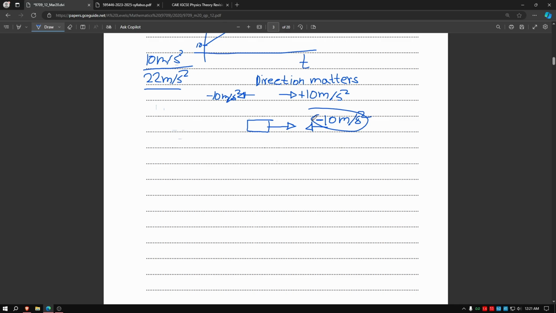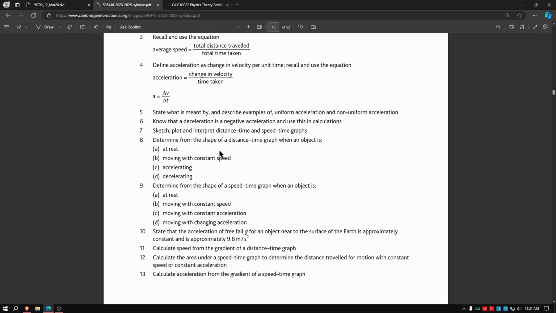Remember that anytime, anywhere they mention deceleration, it is basically acceleration in the opposite, negative direction. A lot of the times you will find acceleration is negative, depending on which direction you decide to take as positive. If you take left as positive, then obviously the right will be negative, and so on.